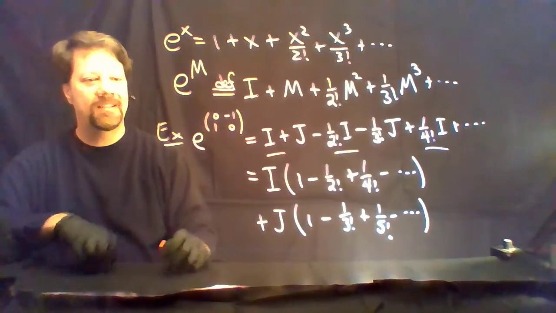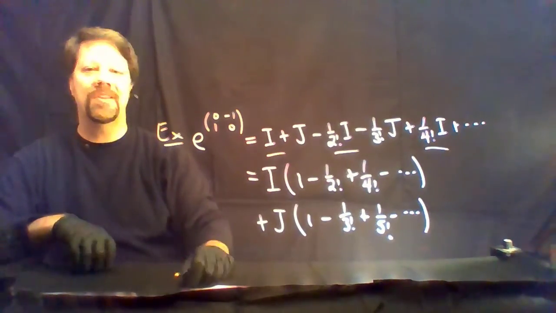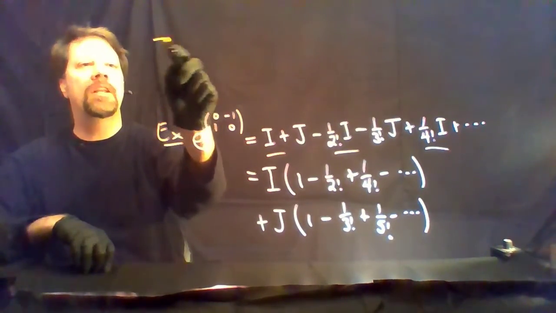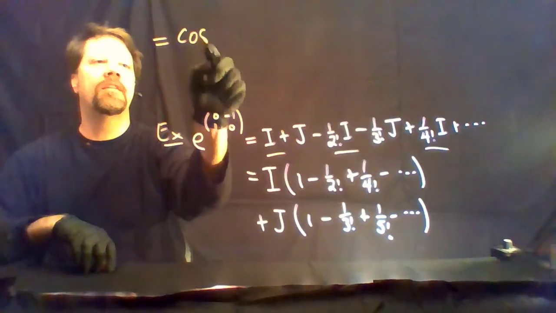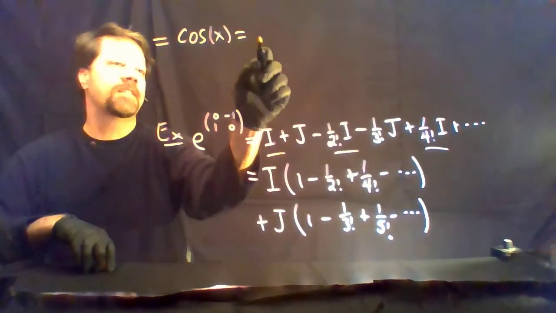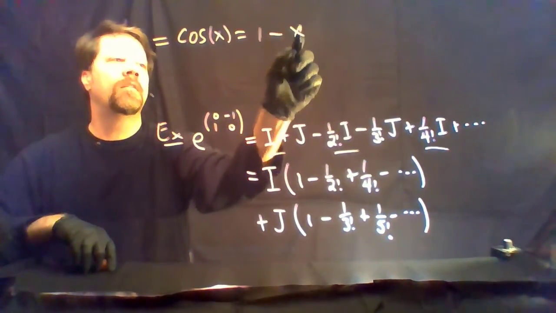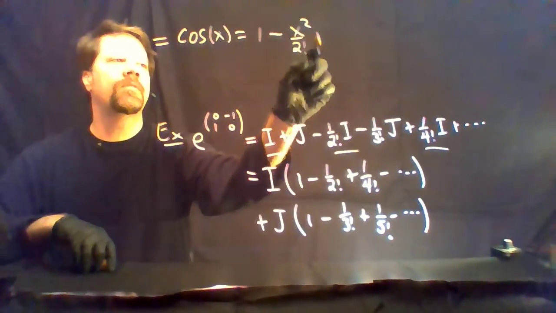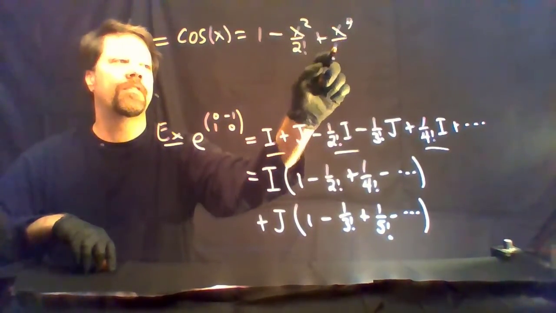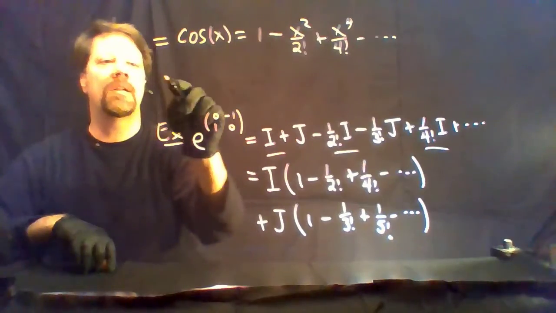Now, to understand where this computation goes from here, you need to recall that cosine of x is 1 minus x squared over 2 factorial plus x to the fourth over 4 factorial minus and so on.